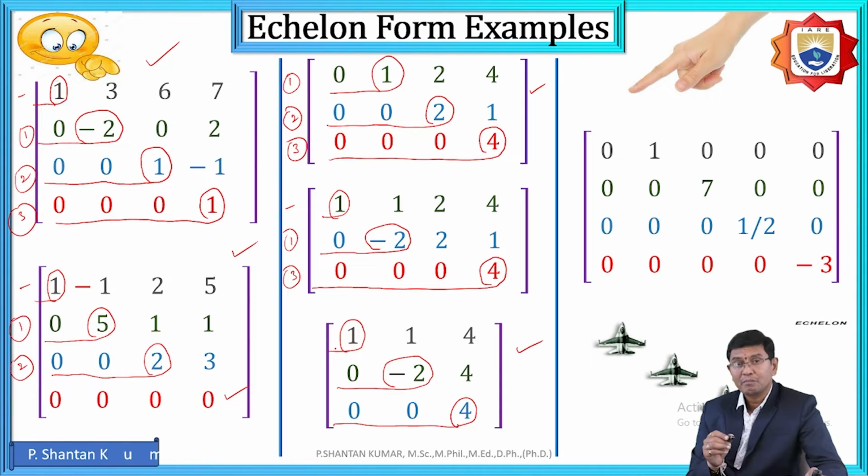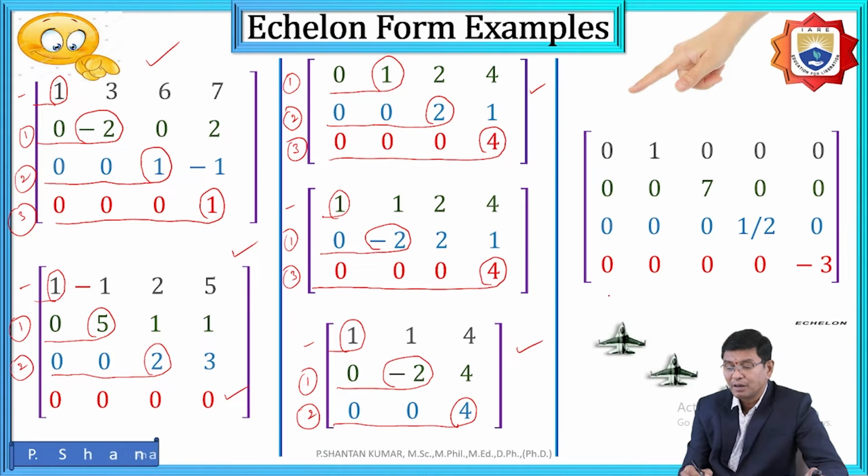Before the non-zero numbers, the zeros are: at the bottom two zeros, then one zero, and then no zeros. That means from bottom to top it is in decreasing order. Therefore, here also the Echelon form is satisfied. The rank of the matrix is the number of non-zero rows, that is 3.